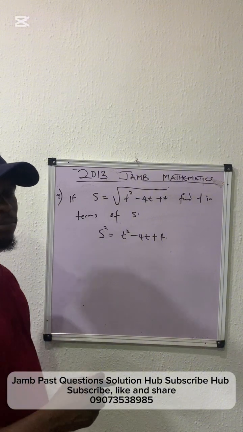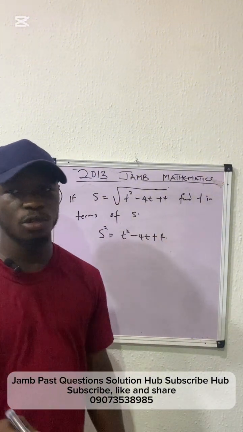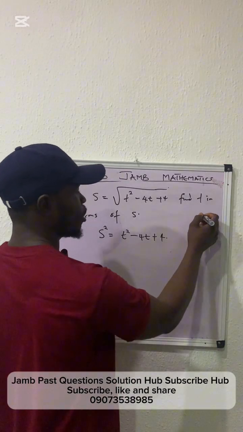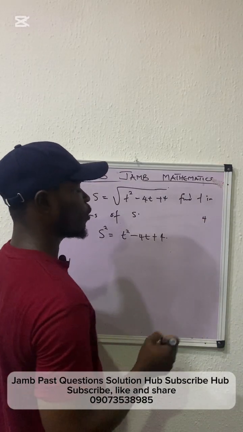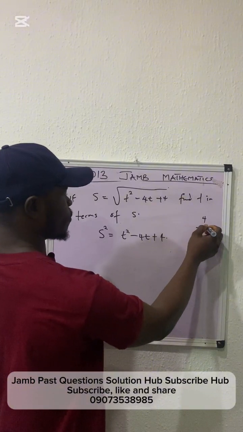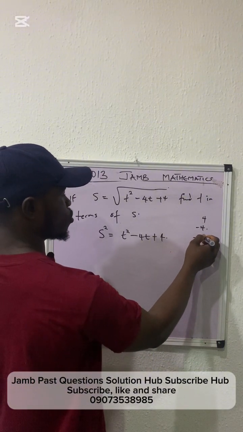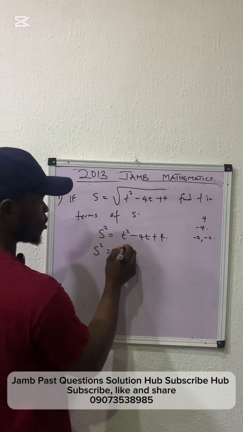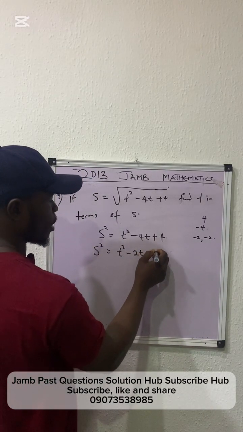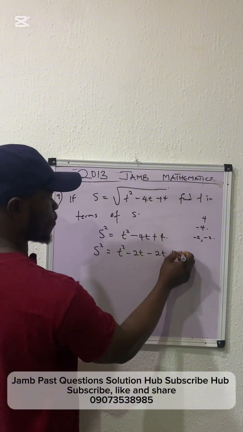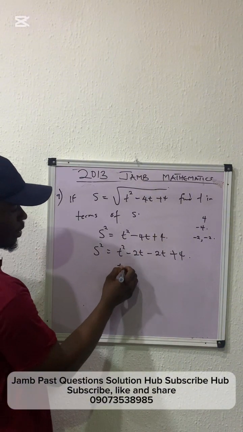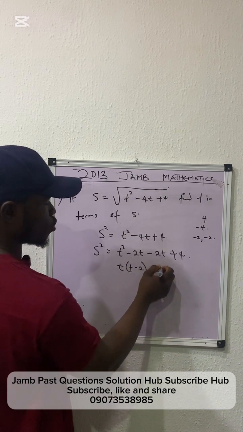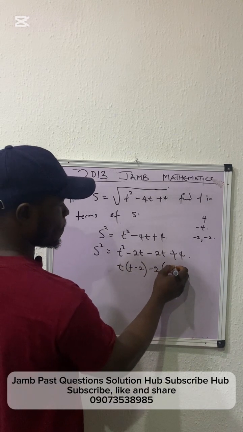If you look at this, this is a quadratic equation. So we are going to find 2 factors that when we multiply them, it will give us 4, and when we add them, it will give us minus 4. And those 2 factors are -2 and -2. So we have t squared minus 2t minus 2t plus 4, which is t bracket t minus 2, minus 2 bracket t minus 2.